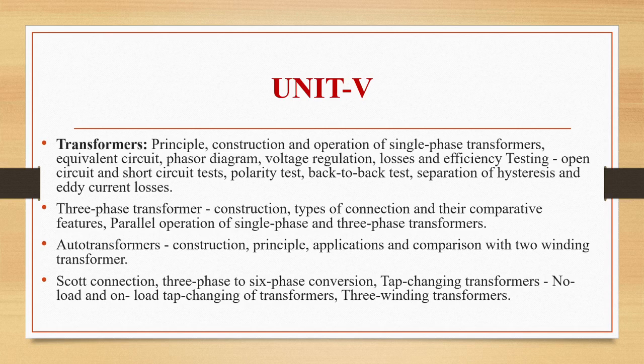One point we have concluded in electrical machines 1 subject, regarding losses. We have seen DC generators, DC motors, transformers. These three machines we have seen in detail. In the first unit we have seen the various laws: Ampere's law, Biot-Savart's law, Faraday's law, Lenz's law, and the basics of magnetic circuits.